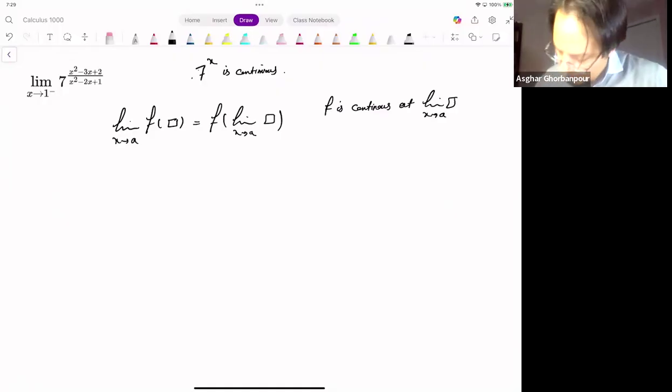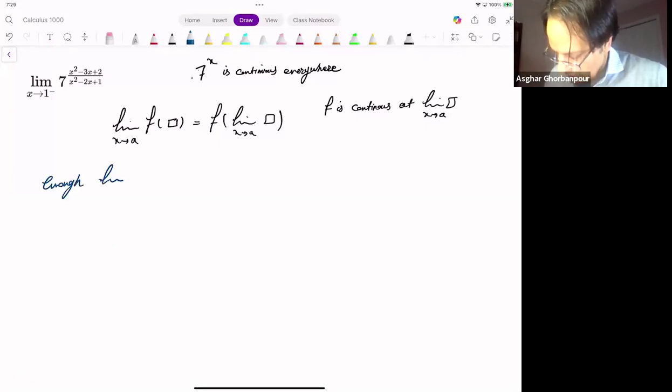So in this case, 7 to the power x is continuous everywhere. And now I can go ahead and rewrite this limit in a different way. It's enough to calculate the limit of this denominator.